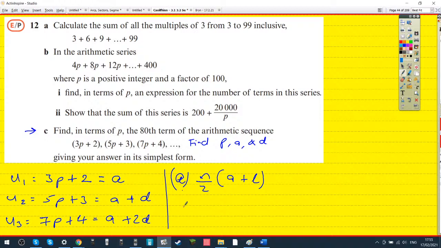What is N? 99. Definitely not. Let's see. All right. What is A? What is D?